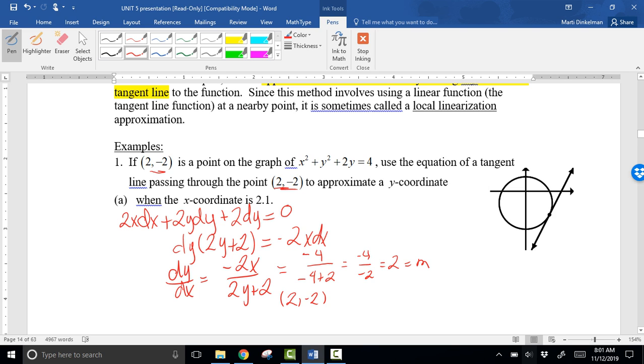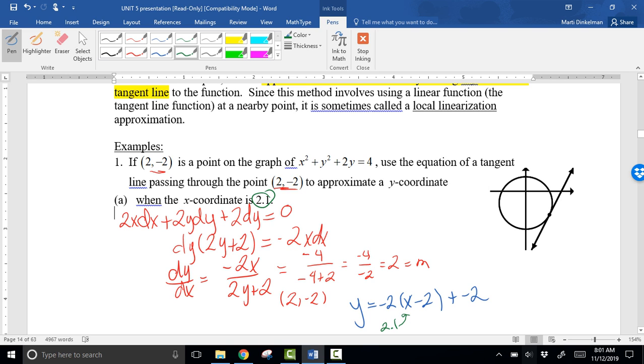So let's go ahead and write our equation of our tangent line. So y equals slope, x minus the x-coordinate, that's an x, plus the y-coordinate, so that's -2 in this case. So that's all just normal writing the equation of a tangent line. And now what they're really wanting us to do is take that 2.1 and plug it in here for x. And so we're going to use the tangent line to approximate what's going on at 2.1.